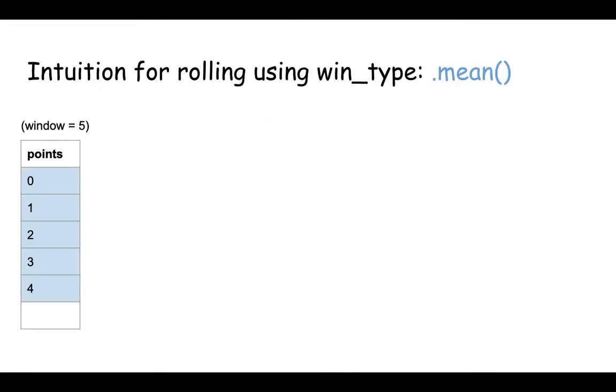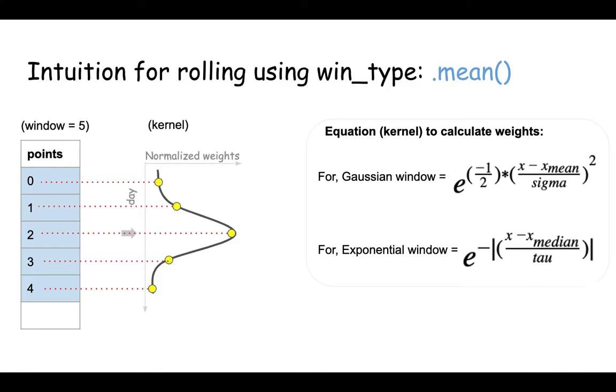So let's say we are looking to calculate the rolling mean, and for that we have set a window size of 5 for our dataset. When we set a window size of 5, it means we have 5 data points in that window. Now the first step is to calculate the weights, and to calculate the weights we need to choose a kernel.